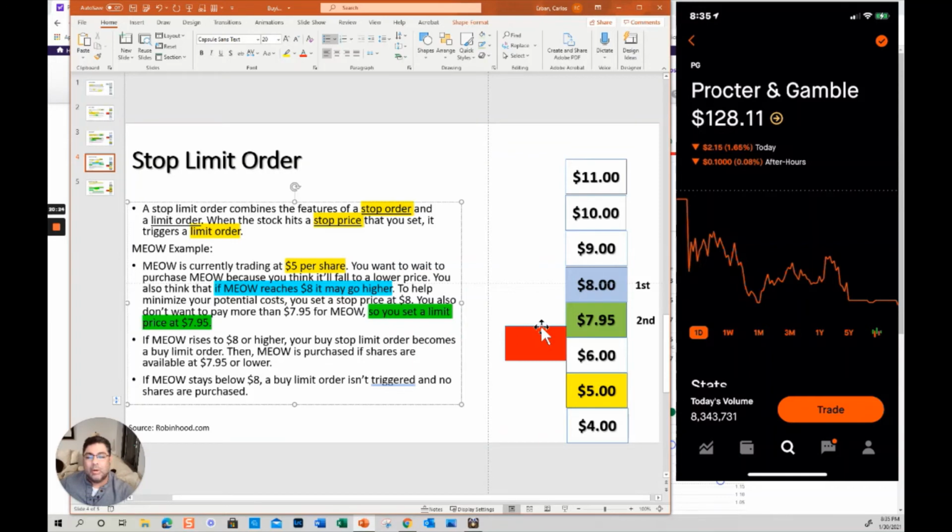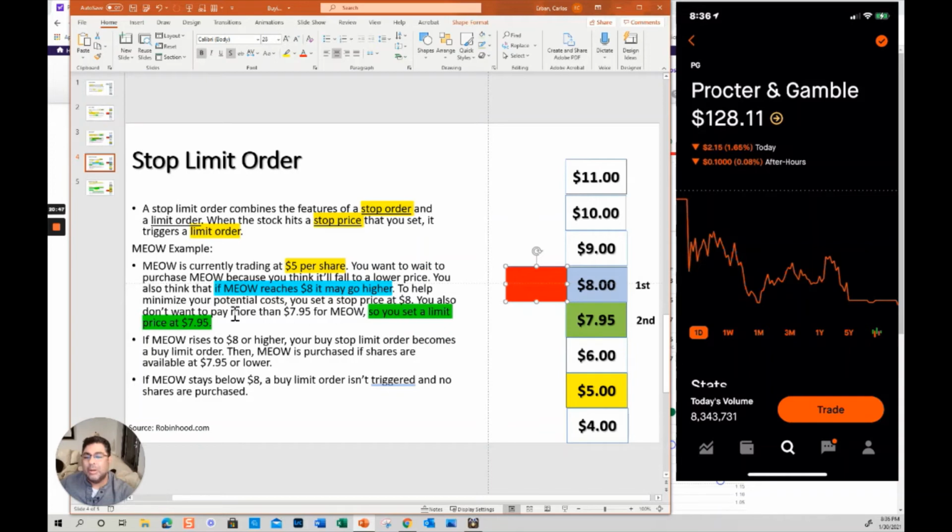So the current price is 5, but you want to wait until it goes to 8. This is again like our stop example. Before it does anything, when it reaches 8, you still don't want it to buy immediately.